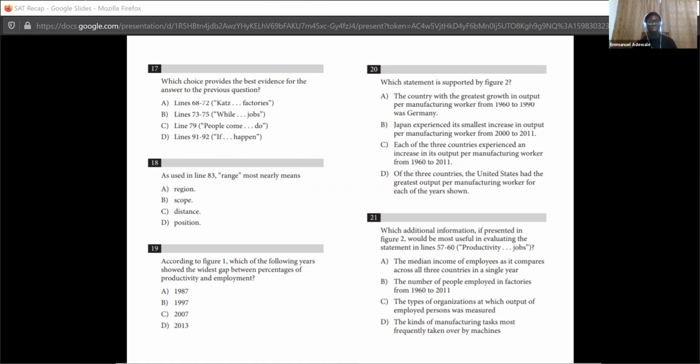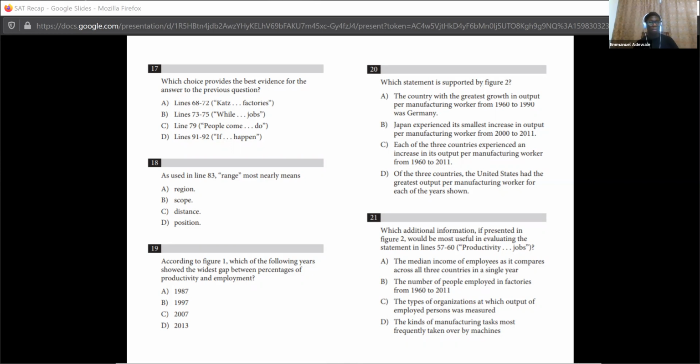And scope most nearly ties into how far the diversity or growth of jobs is reaching. We aren't talking about physical distance or a physical place or region. We're talking about how far jobs are growing or shrinking. So yes, B is the correct answer. Great job to everybody who answered that.